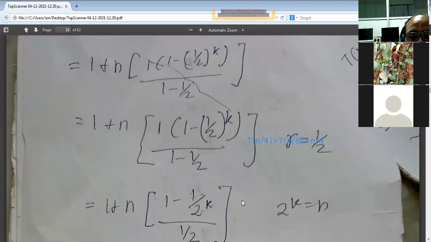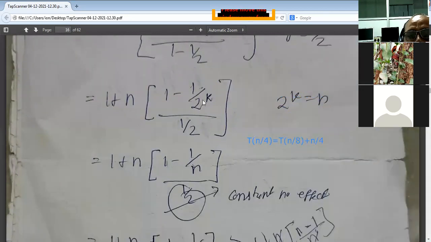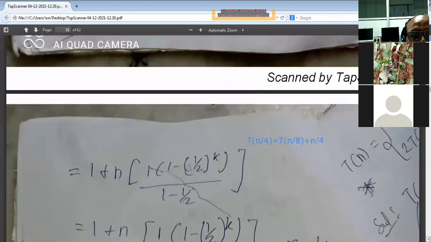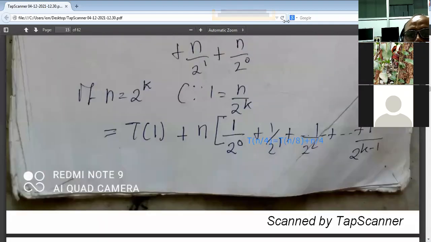Now I have calculated it. So 1 minus 1/2^k, and here 1 minus 1/2 is 1/2. Now I have already calculated 2^k is equal to n. I have already calculated n is equal to 2^k.